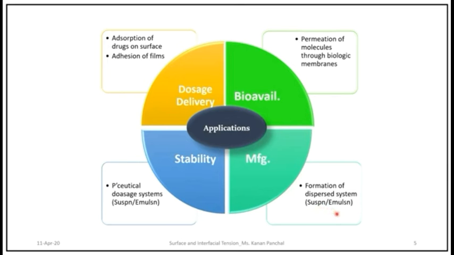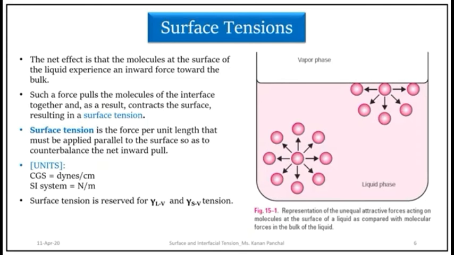Then HLB values can be estimated by the following formulas. First, HLB is equal to 20 (1 minus S upon A), where S is the saponification number and A is the acid number. Then next, HLB is equal to (E plus P) upon 5, where E is the percent W/W oxyethylene chain and P is the percent W/W, that means weight by weight, polyhydric alcohol.